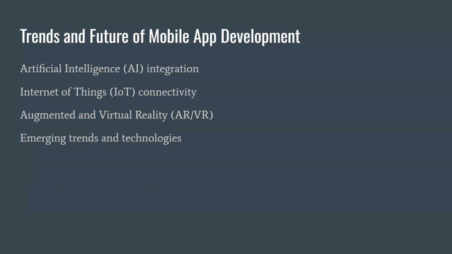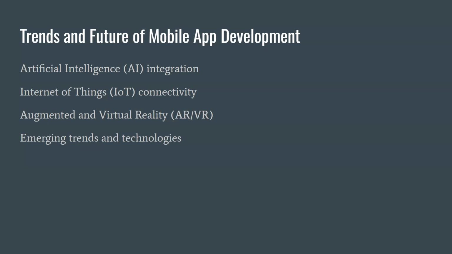Trends and future of mobile app development. The mobile app industry is rapidly evolving. We will try to cover these, but there are new trends like artificial intelligence, Internet of Things (IoT), and augmented reality and virtual reality.